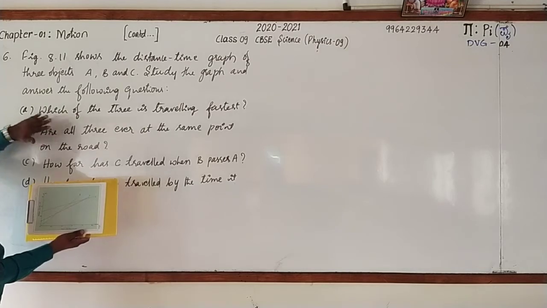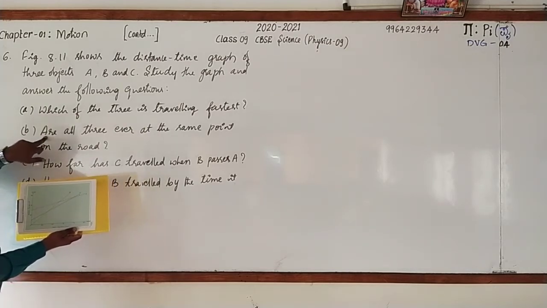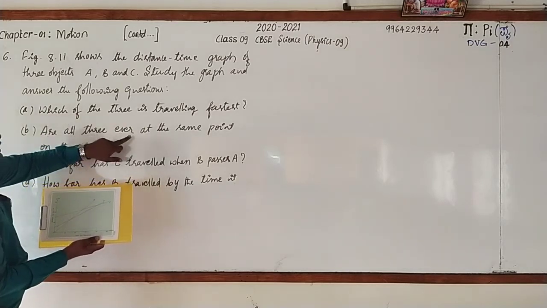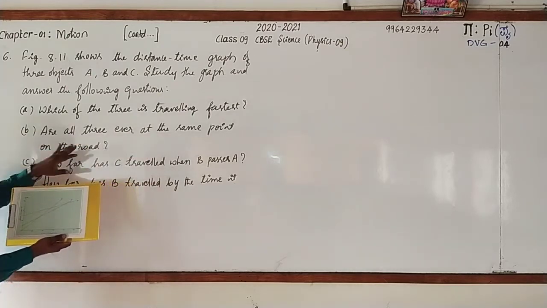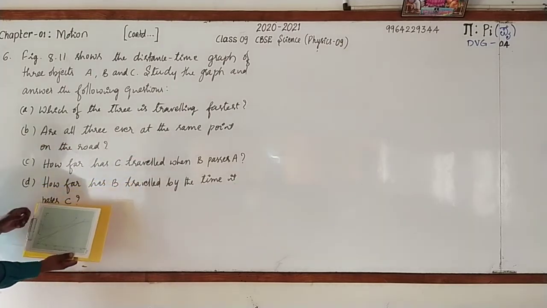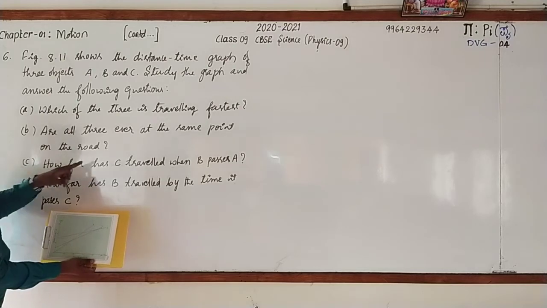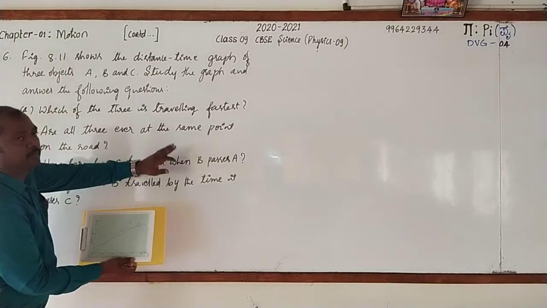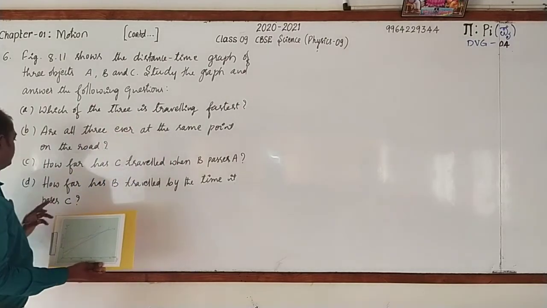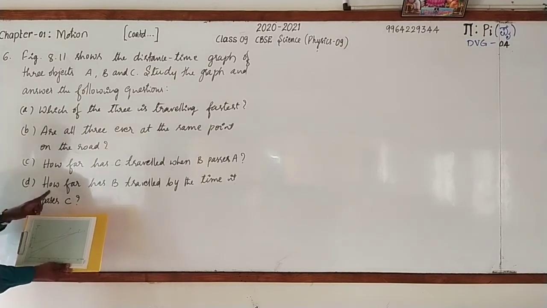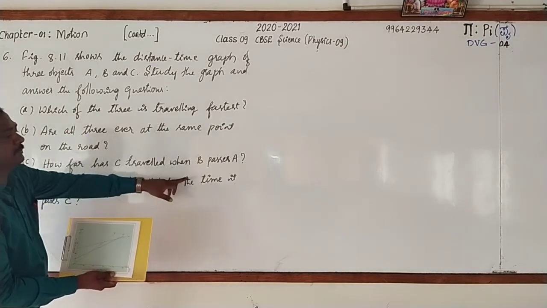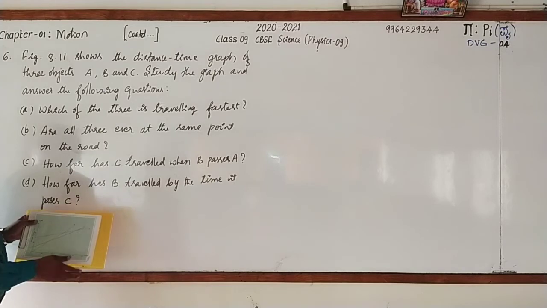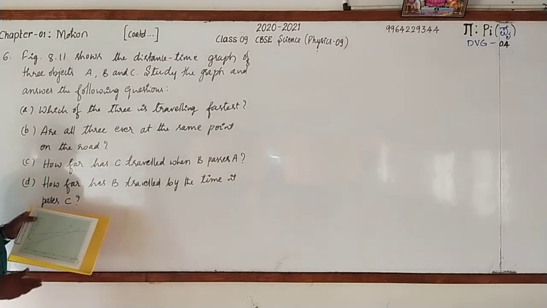Second question: are all the three ever at the same point on the road? Next, third one: how far has C traveled when B passes A? And fourth one: how far has B traveled by the time it passes C? These are the given questions.